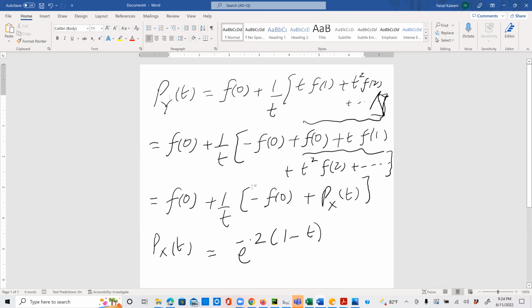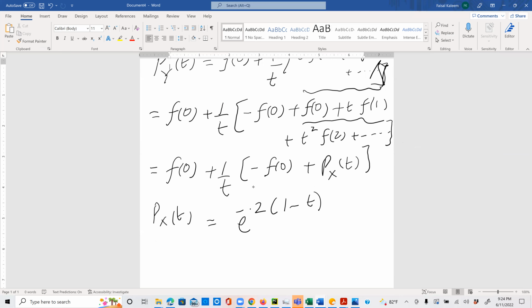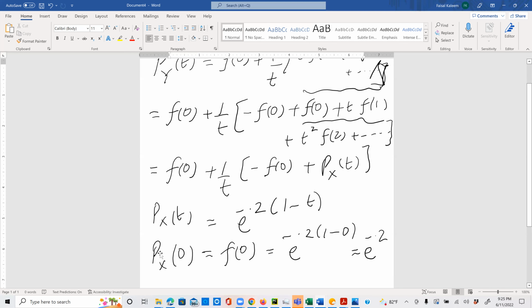And we know that from here, if we look at that expansion, we can get the p x 0, because p x 0 is basically f of 0. P x 0 is f of 0 equals e to the negative 0.2, 1 minus 0, negative 0.2. Okay, let's understand why p x 0 is f of 0.